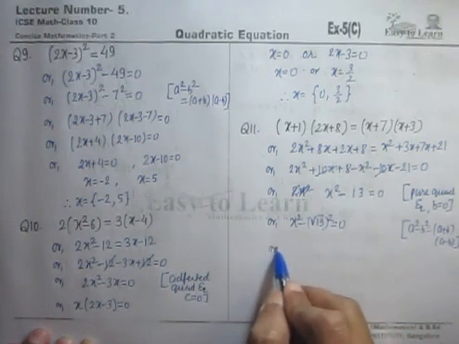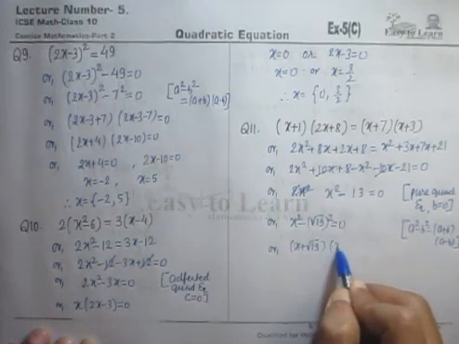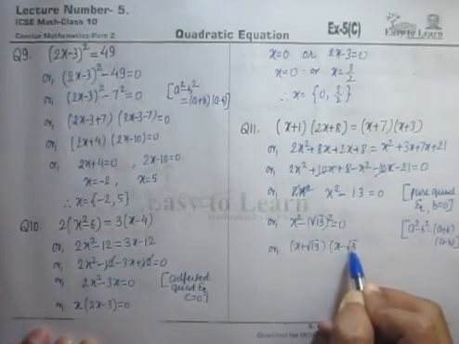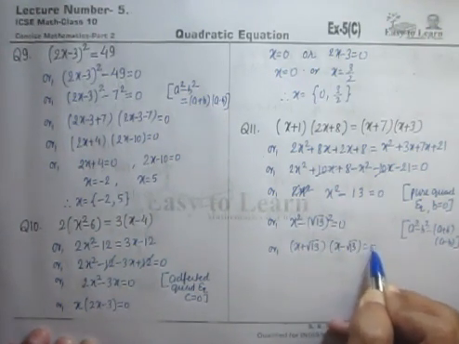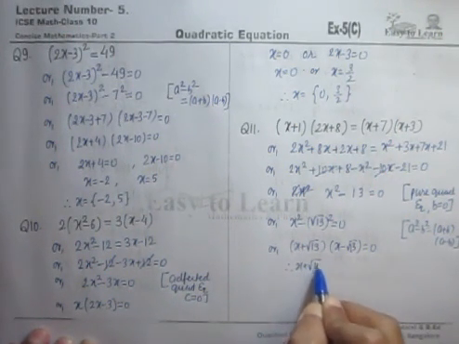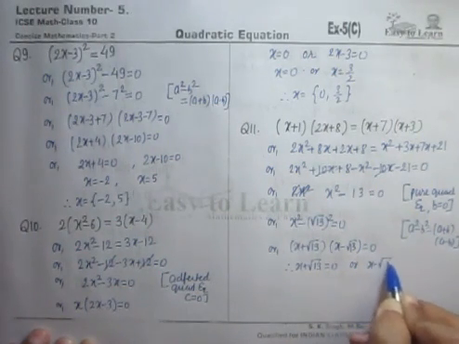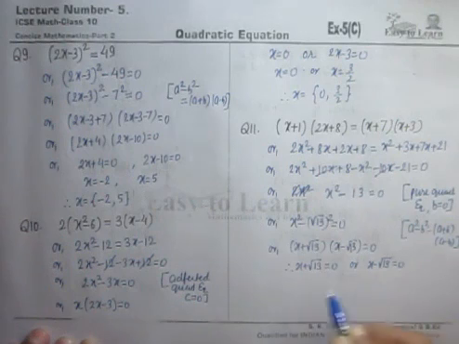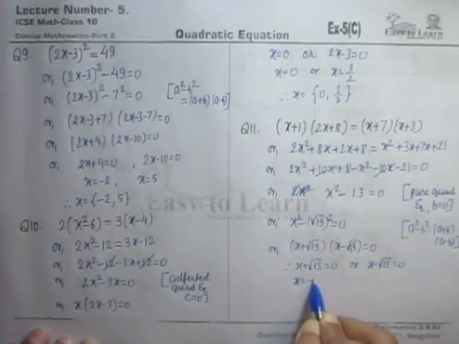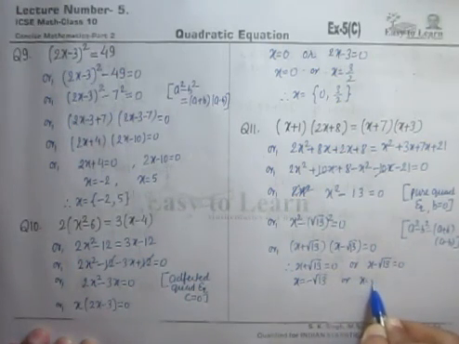Now we can use this formula: x plus root 13 and x minus root 13 is equal to 0. Therefore x plus root 13 equal to 0, or x minus root 13 equal to 0. From here you will get x equal to minus root 13, and from here x equal to root 13. Clear?